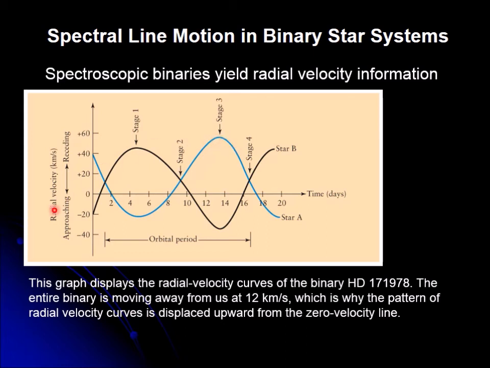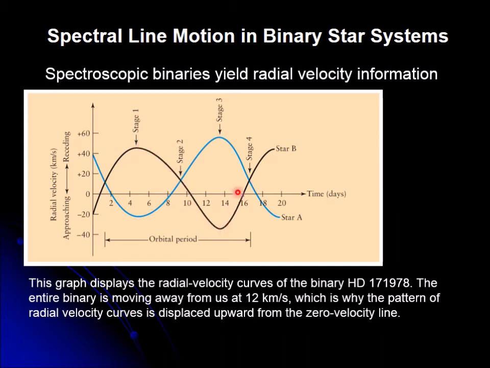What we see here is the radial velocity, and this is time, and the radial velocity is in kilometers per second. So it goes from moving at 40 kilometers per second away from us to moving at -20, which is 20 in our own direction. So the other star would be doing exactly the opposite, like that.